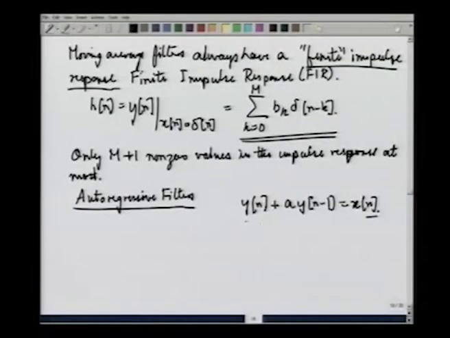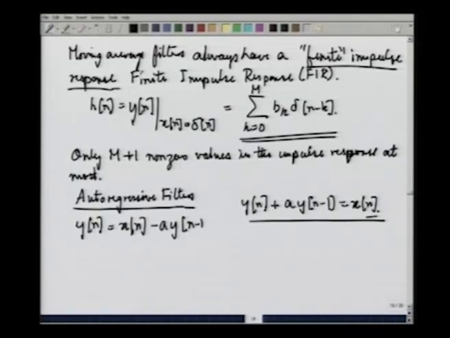What I am going to assume in this case, well, let me first rearrange the equation so that it is in the convenient form of yn equal to something. So, you can write this as yn equals xn minus a y n minus 1.